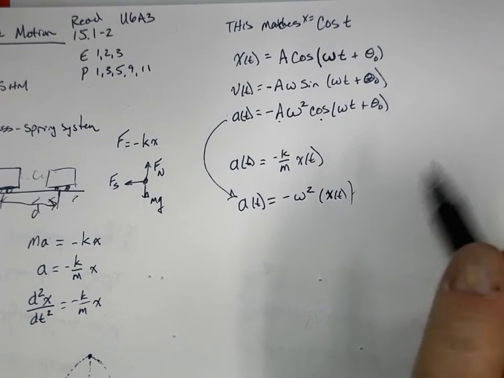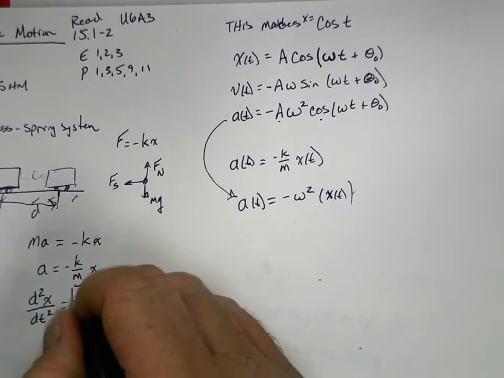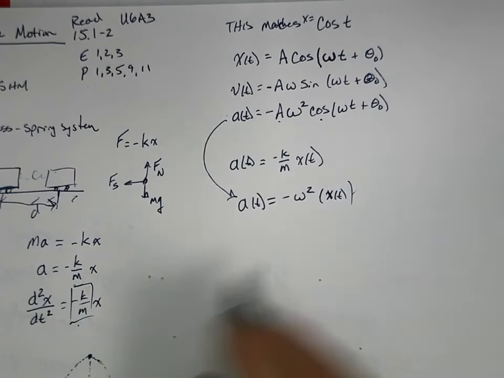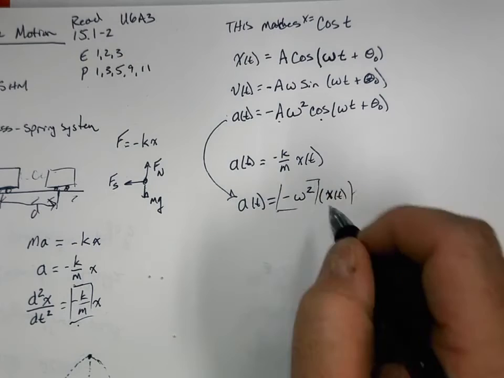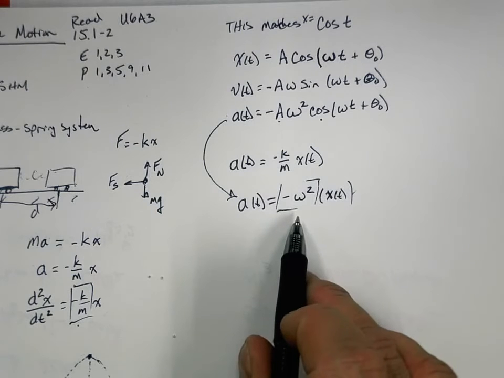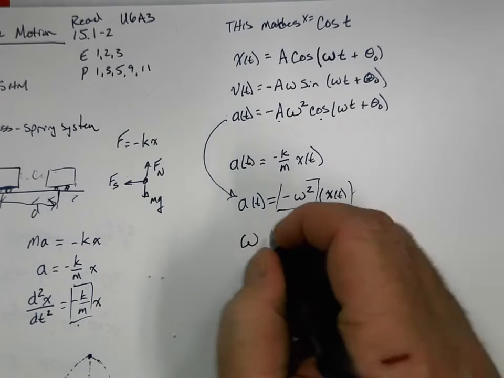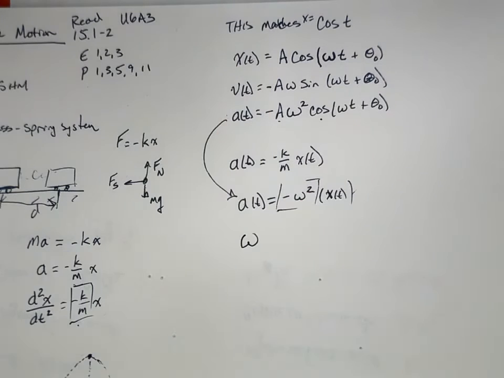And so what happens is, look at that. Our negative k over m and negative omega squared fit the same place. And so our angular frequency, this has to be done in radians, by the way. This calculation only works in radians, not regular degrees, only radians.